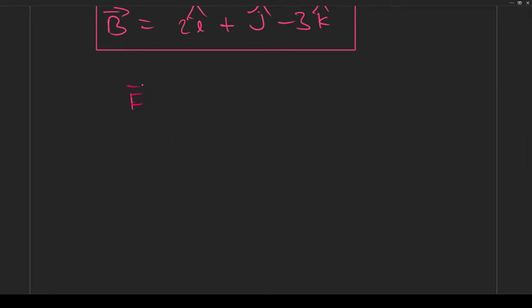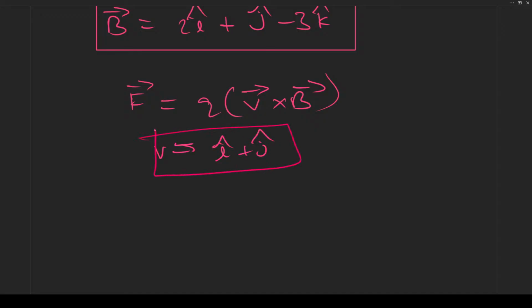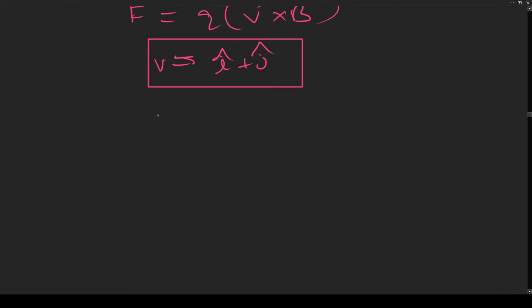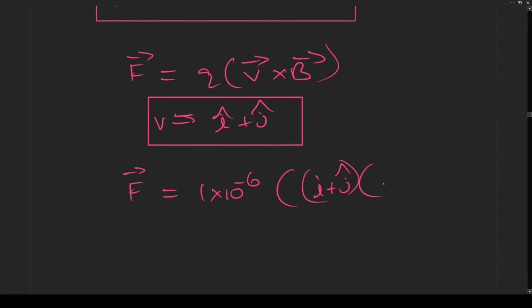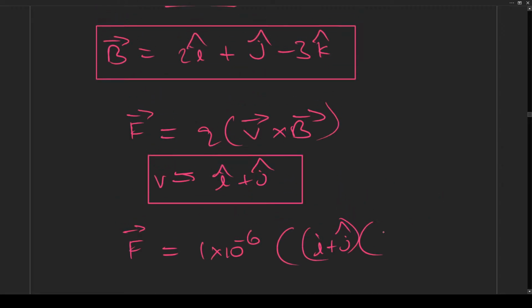This is the field where force is equal to q v cross B. V is equal to i cap plus j cap. When we do the vector product, force is equal to 1 microcoulomb, which is 1 into 10 power minus 6, times i cap plus j cap cross 2i cap plus j cap minus 3k cap.